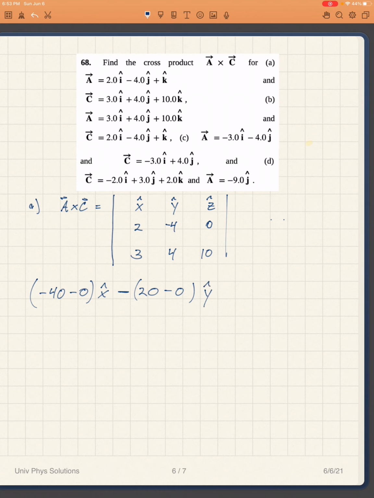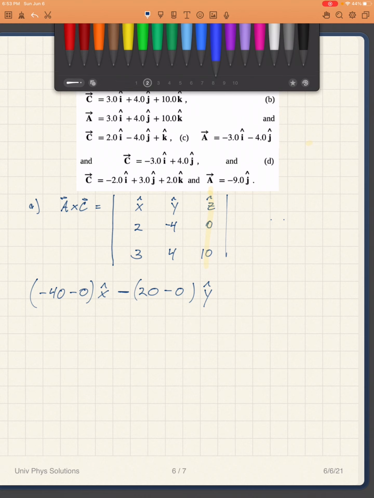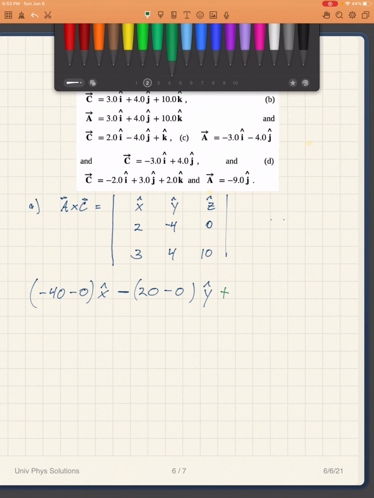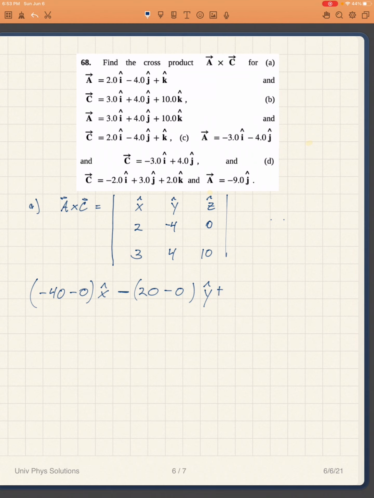That's my y component. Finally, for my z component, I ignore this column and I take the product of these two numbers minus the product of these two numbers. Two times 10 is 20. 0 times 3 is 0.